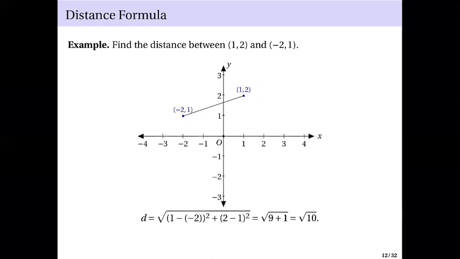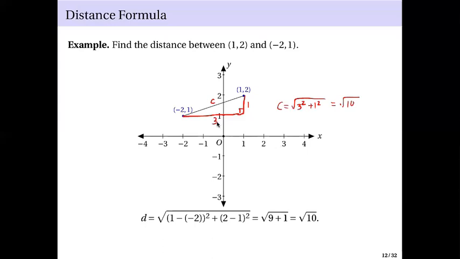So again, that is very much similar to your right triangle here. This has length 3, this has length 1. If this is your C, C is equal to the square root of 3 squared plus 1 squared. And that's your square root of 10.